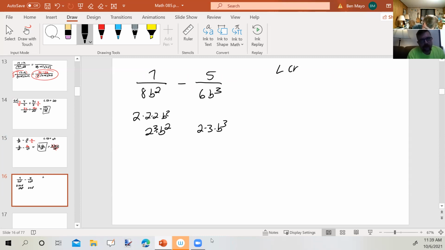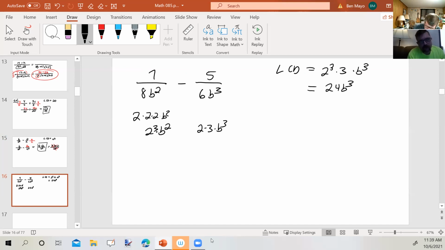So my least common denominator would be 2 cubed times 3 times b cubed. Remember, the least common denominator is the product of the highest power of each different prime factor. Okay, and this would be equal to what? 8 times 3, 24b cubed.